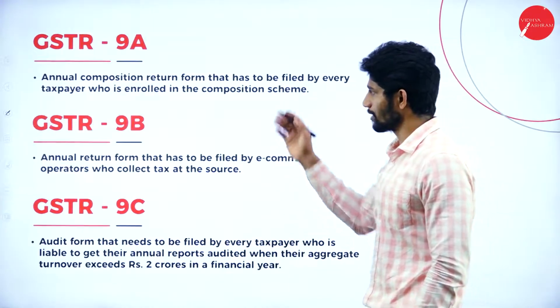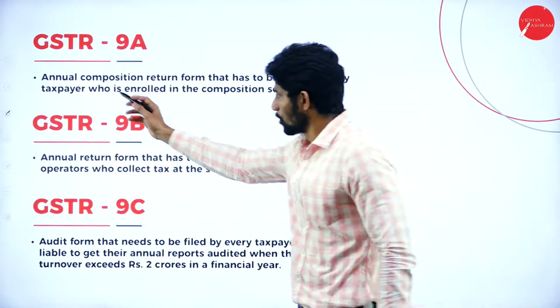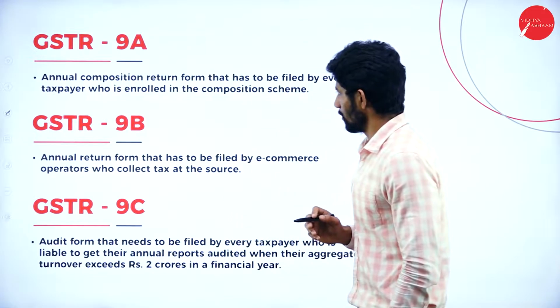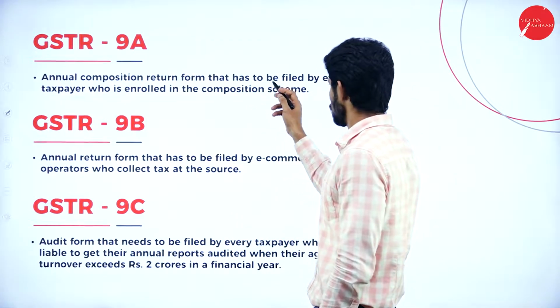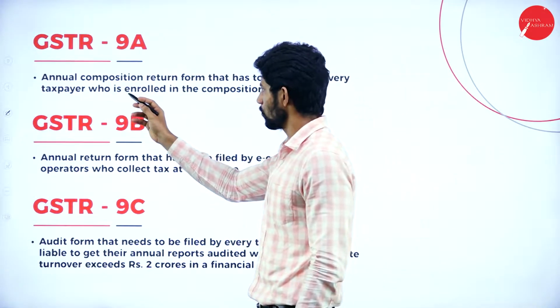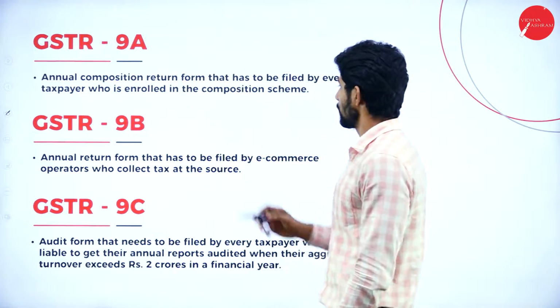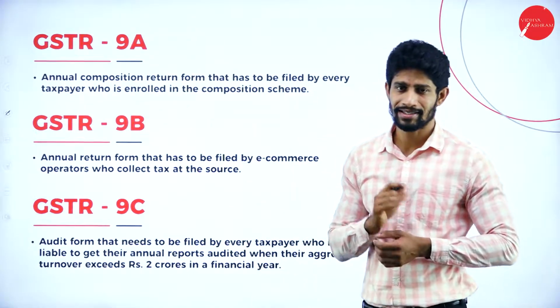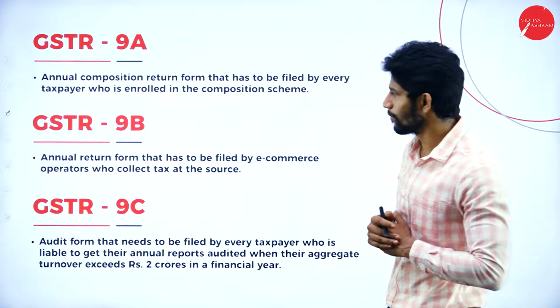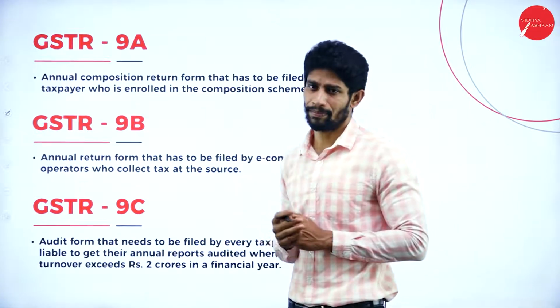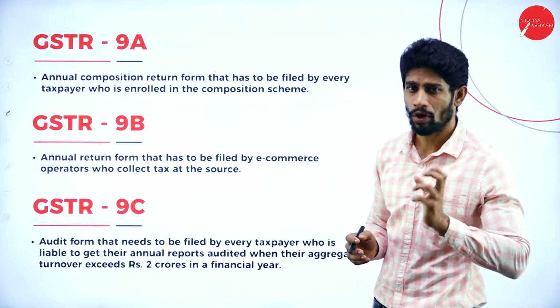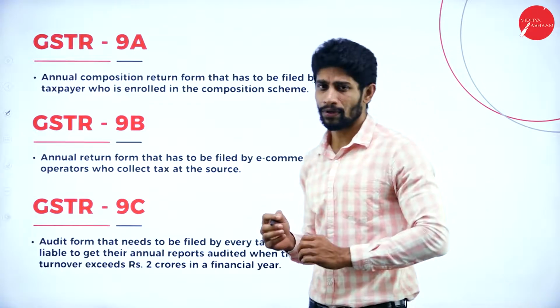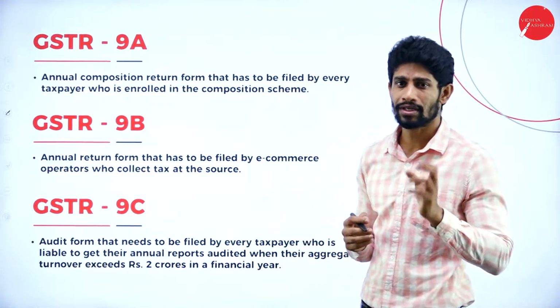Next, moving on, GSTR 9A. This is the annual composition return form that has to be filed by every taxpayer who is enrolled in the composition scheme. Yes, GSTR 9A is applicable to composite suppliers.